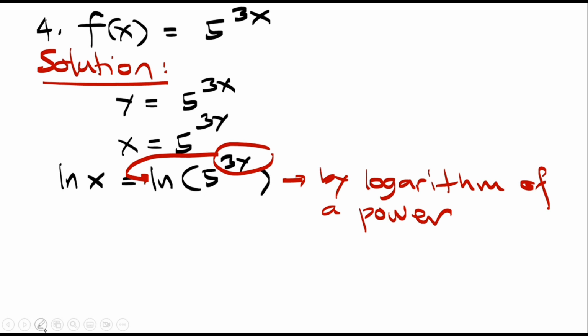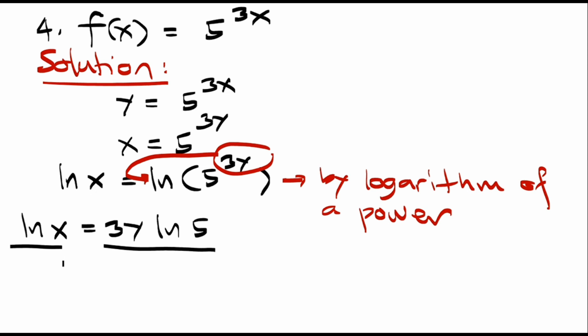So we have now ln x equals 3y ln 5. So to solve for y, we can simply divide both sides of this equation by 3 ln 5.